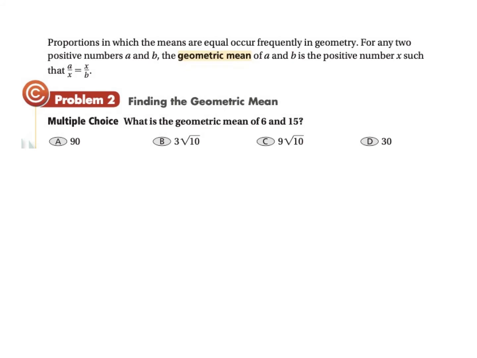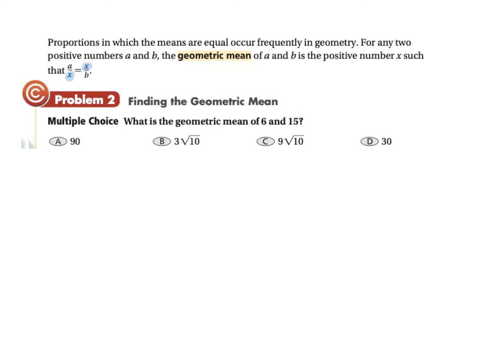Another thing that we need to look at is finding the geometric mean. Proportions in which the means are equal occur frequently in geometry, and that comes out to be something called the geometric mean. It happens anytime you have a proportion set up in which these two are equal to one another.